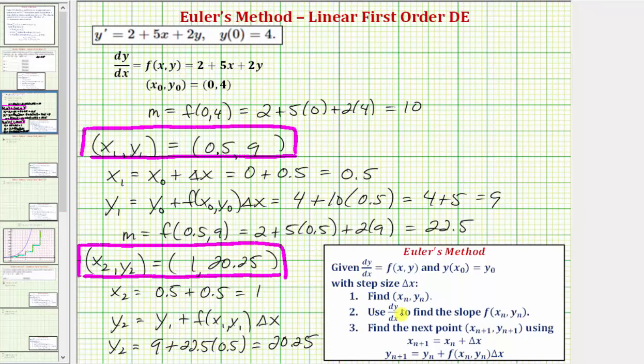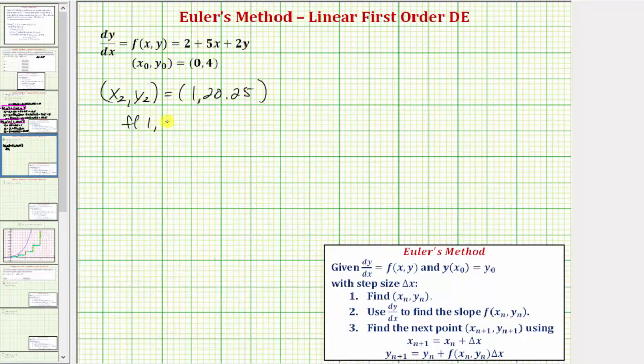Now we'll find the slope at this new point, which would be f of 1 comma 20.25. So f of 1 comma 20.25 is equal to 2 plus 5 times 1 plus 2 times 20.25. This comes out to 47.5.